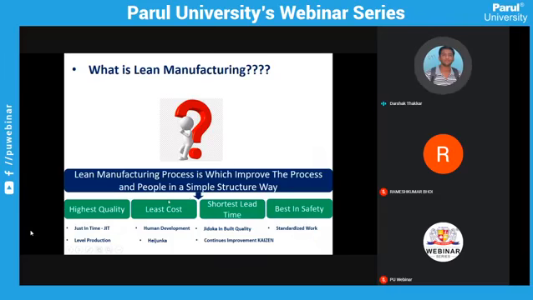So in lean manufacturing, there are many sub tools like just-in-time delivery, human development, Jidoka, that is built-in quality, standardization of work, level production, Heijunka, continuous improvement, and Kaizen.